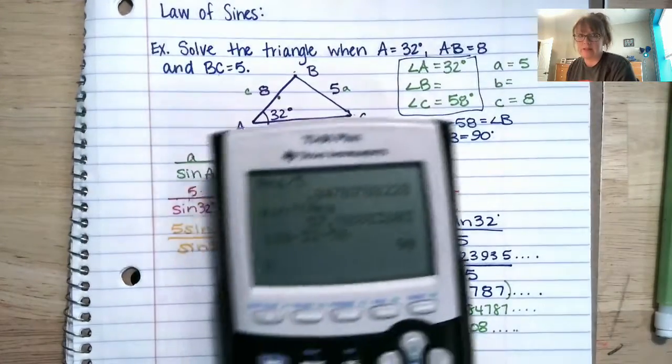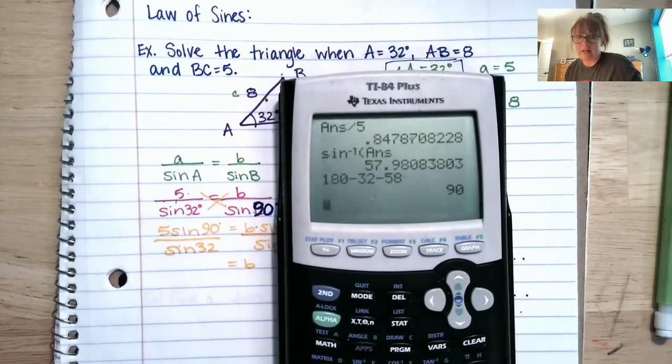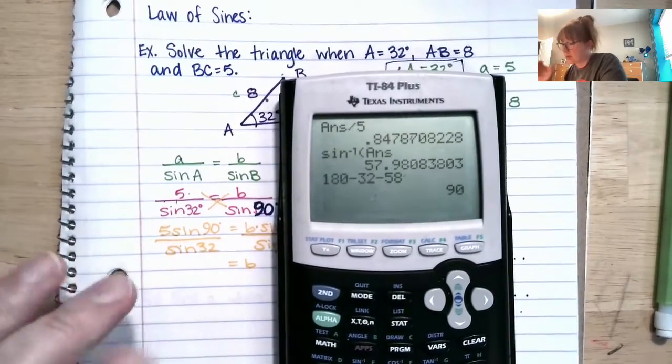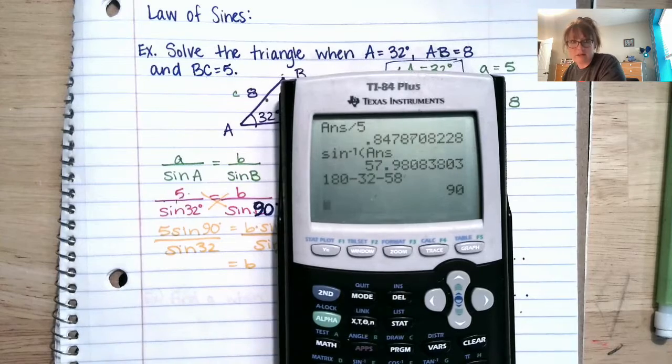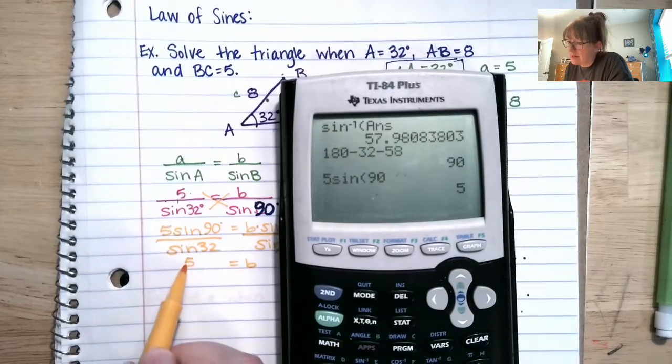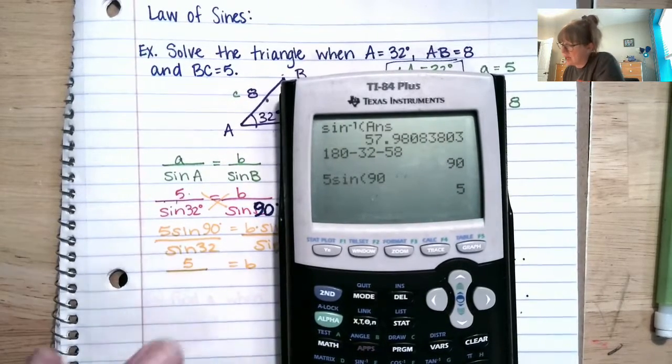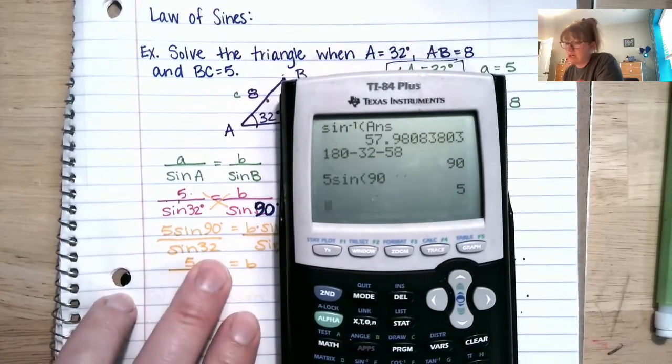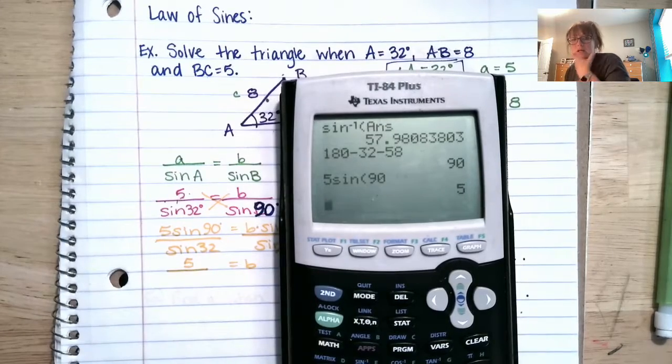Now let's plug this in. We have 5 sine 90, and there's more than one thing in the numerator, so let's make sure we get the numerator value and then the denominator value and divide. So 5 sine 90, which happens to be 5, over sine 32. So I could do this, my second answer, divided by sine 32.